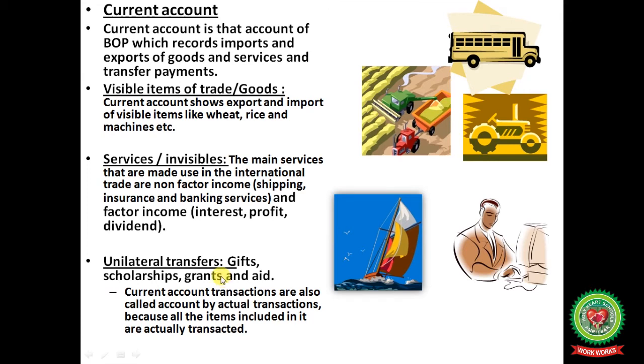Aids also, like the government gives aid to schools and colleges for upgradation, and when any natural calamities occur, foreign governments also come forward to help other nations in the form of money.